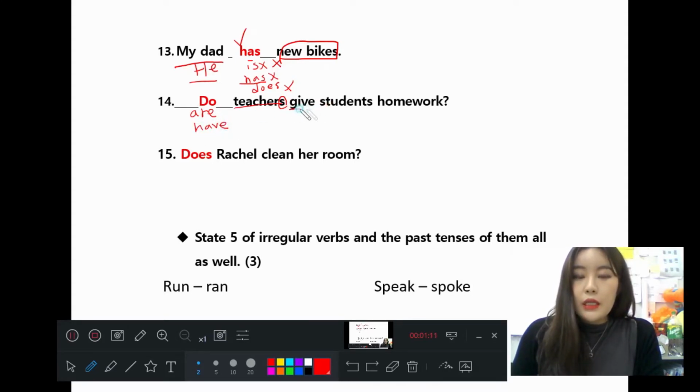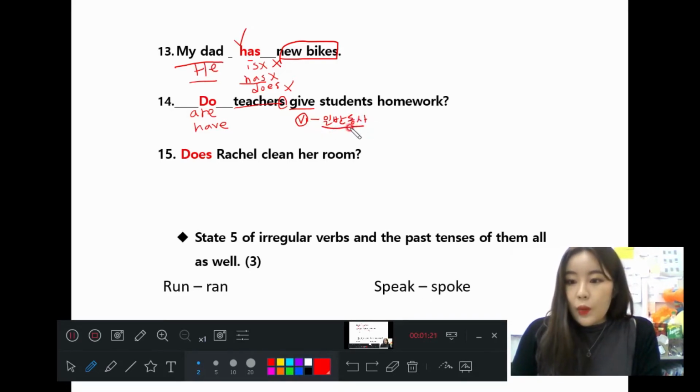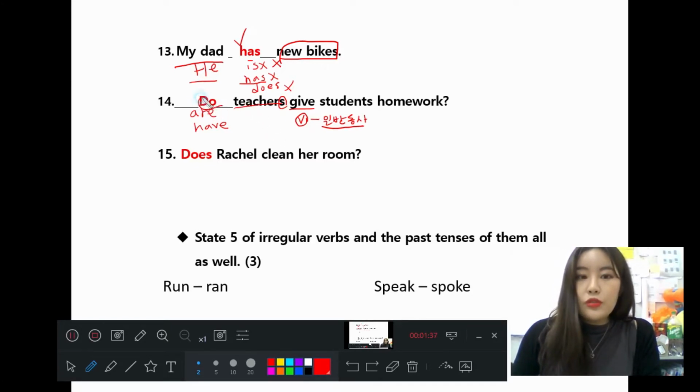But give is the verb which is 일반 동사, which we already learned in this class, right? 일반 동사, when we are making questions with the 일반 동사, I told you that we should bring do or does, which is called 두더지. Yes? Alright. In this case, since this is a plural noun, we are going to use do.